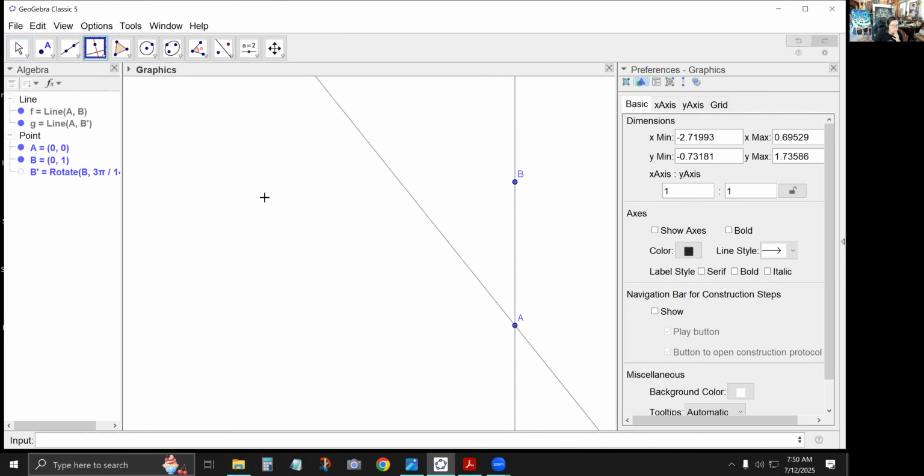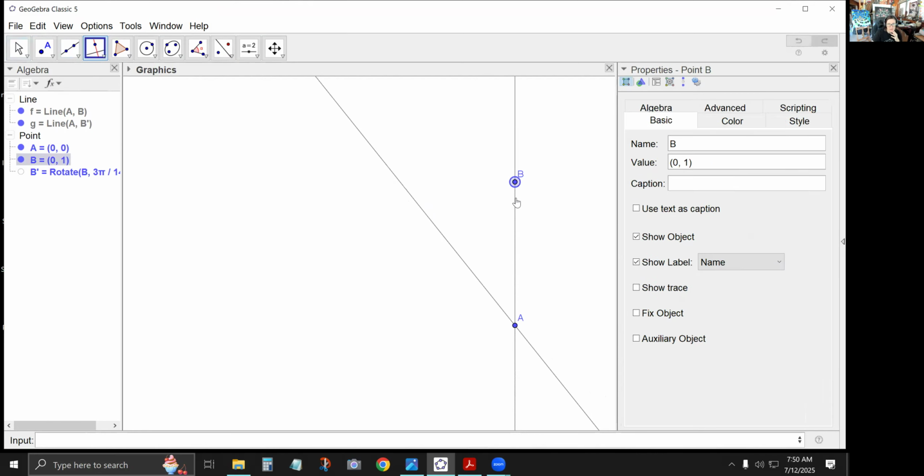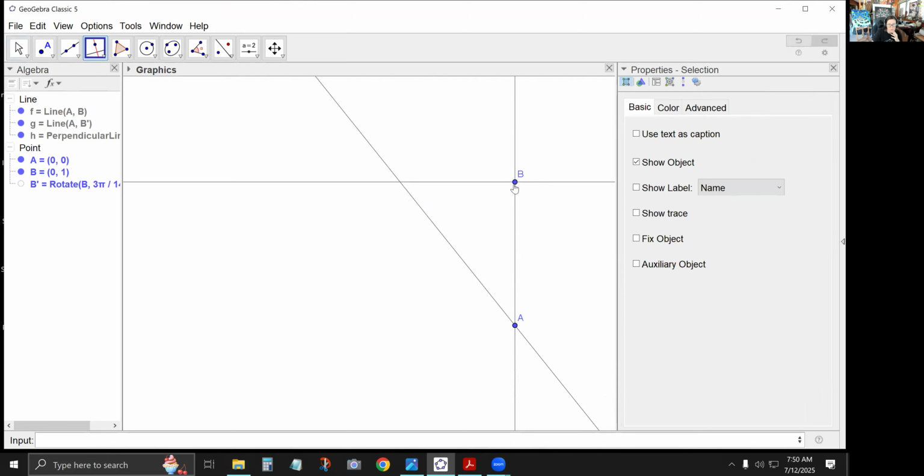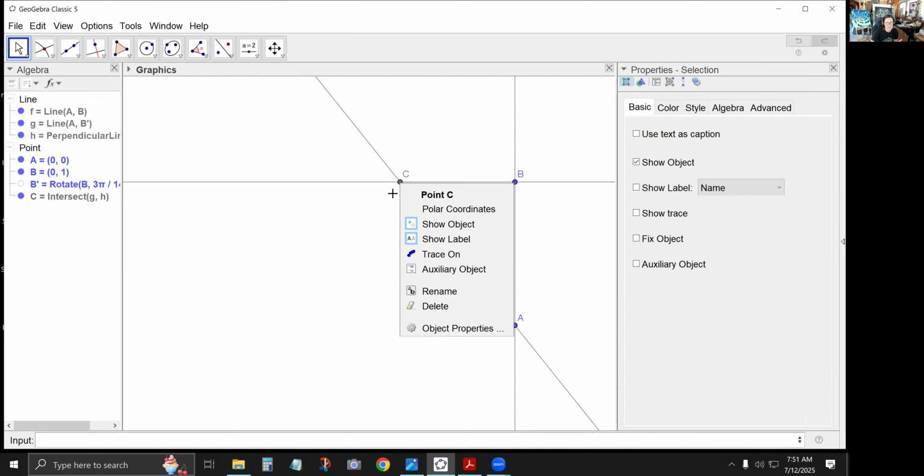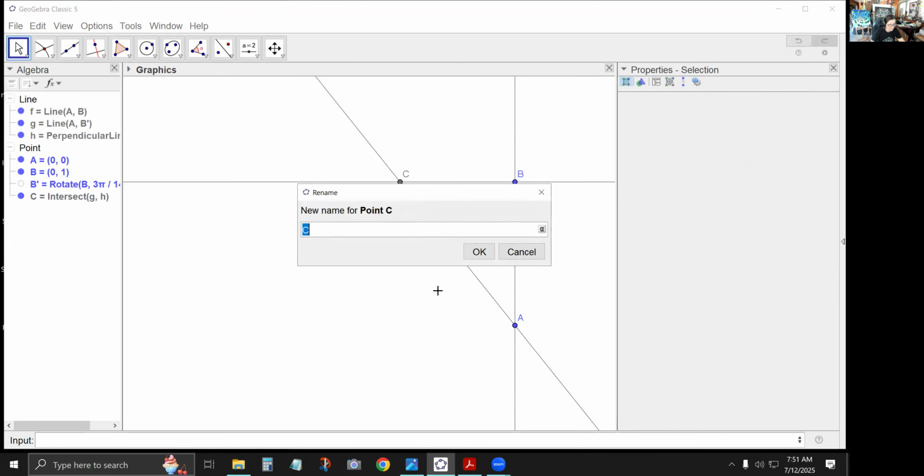So I'm going to use my perpendicular line tool, and I'm going to construct a line through point B that's perpendicular to AB with my perpendicular line tool. Now I'm going to use my intersect tool to find that point G. So we're going to be renaming some things as we go along. So I'm just right clicking on this point and renaming it G, just so we match the translation.